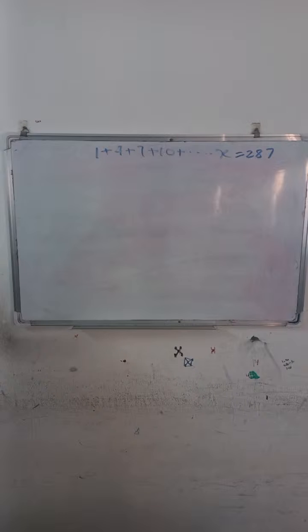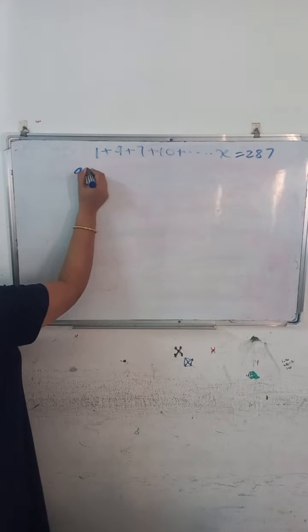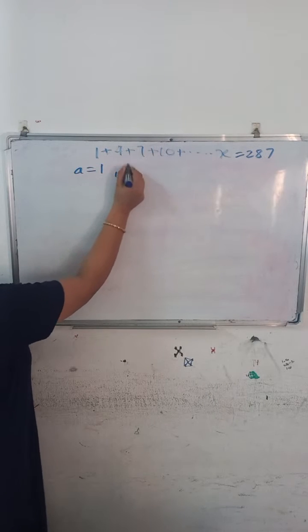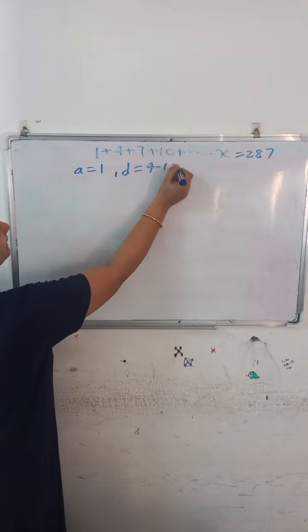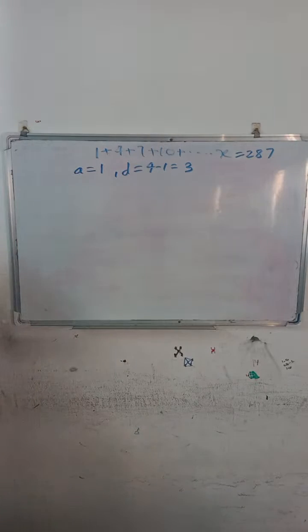Solve this equation means what? We have to find the value of x here. Here 1 plus 4 plus 7, in short the sum is given. So we can write a as 1, and d is nothing but 4 minus 1, that is equal to 3.